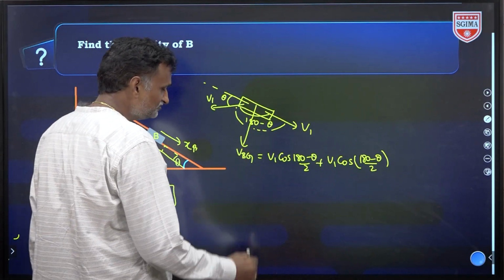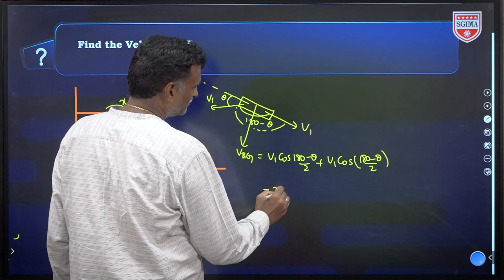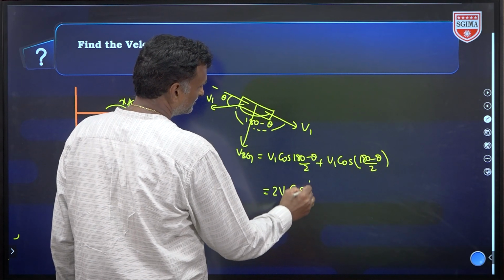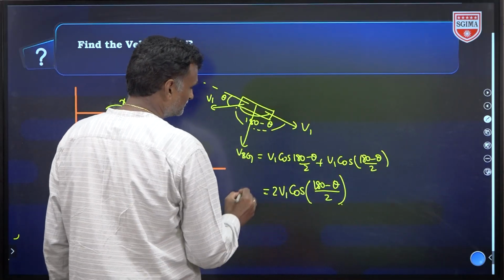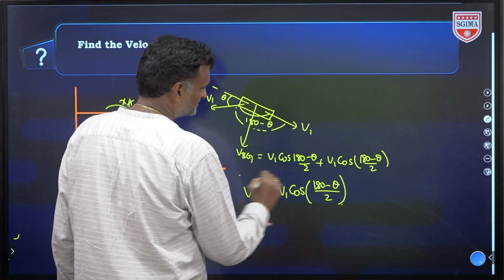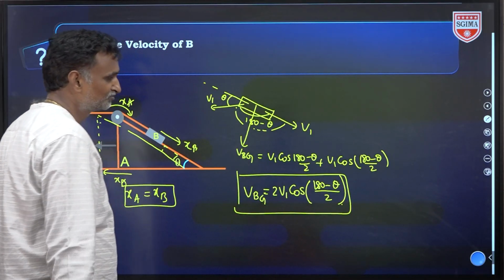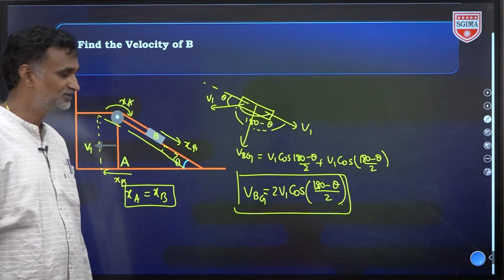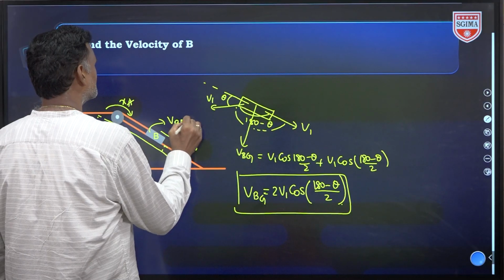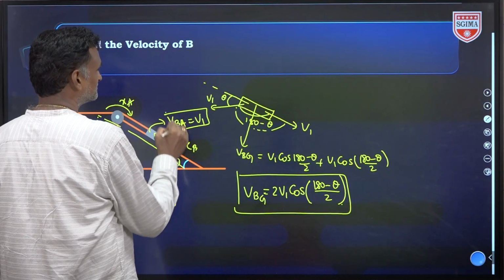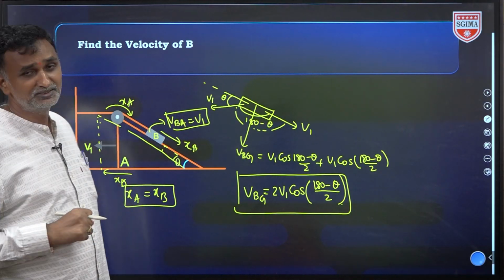So the final answer is VBG equals 2 V1 cos((180 minus theta)/2). And the velocity of B with respect to A must be V1, no change in the answer.